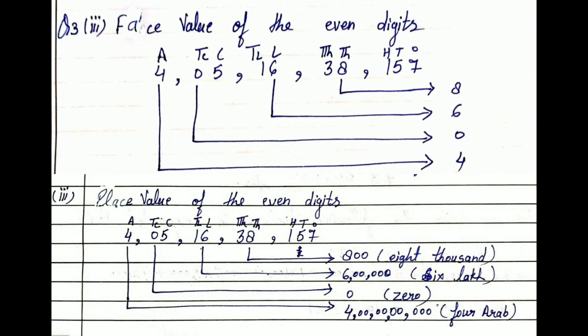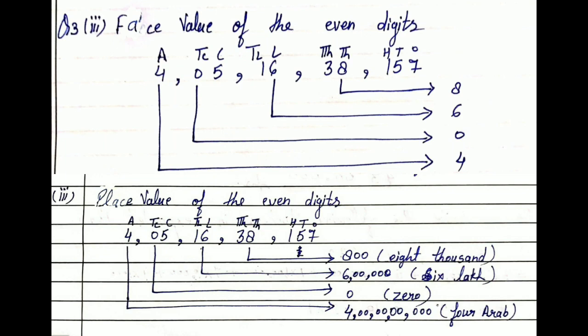First we see where the even digits are situated. Here you can see 8 is situated in the thousands place, and after 8, 3 digits are given, so 3 zeros will come. Here I forgot to write the 10, that is here. So now the place value is 8000.